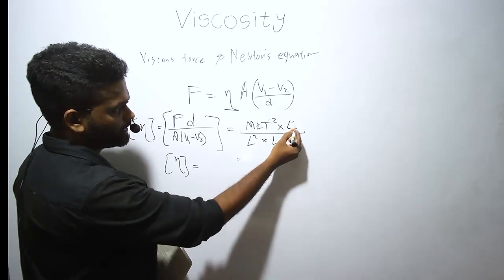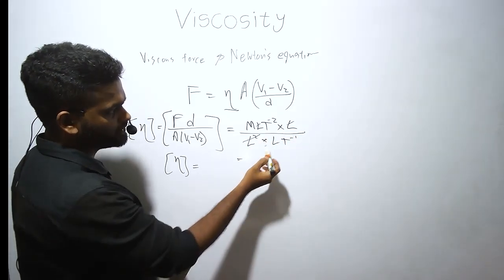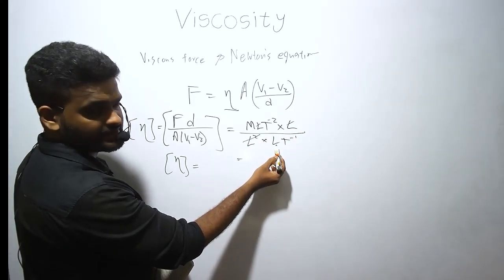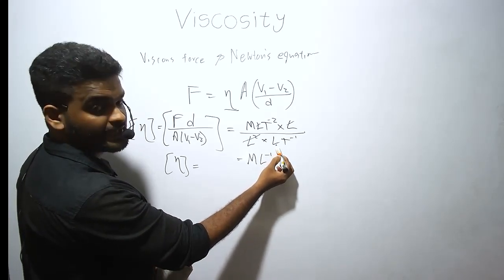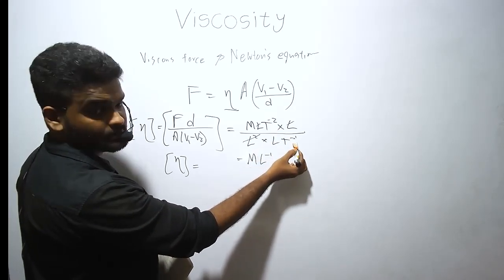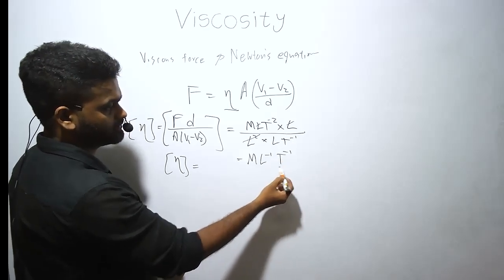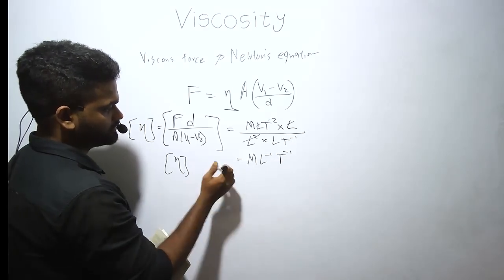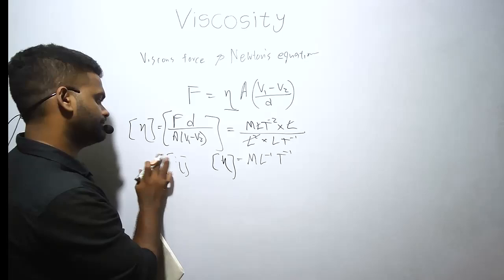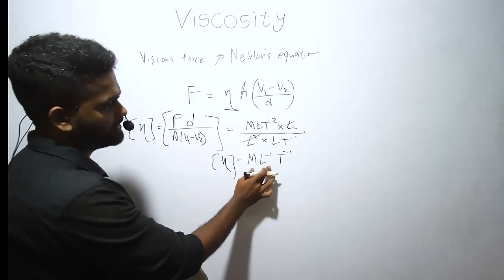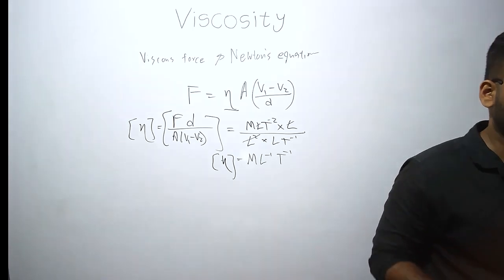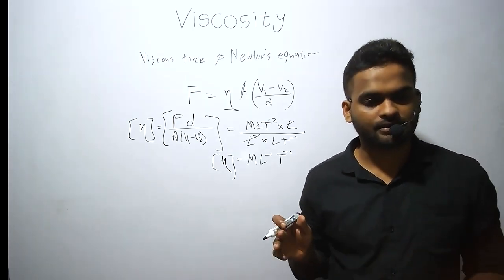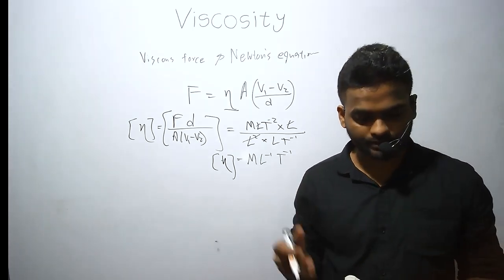L squared cancels with this one, but there's a length here. That length goes up, L minus 1. T minus 2, T minus 1, T minus 1 gives the dimensions of eta: M L minus 1 T minus 1. Yes, correct. So that is the dimensions of viscous coefficient, right?